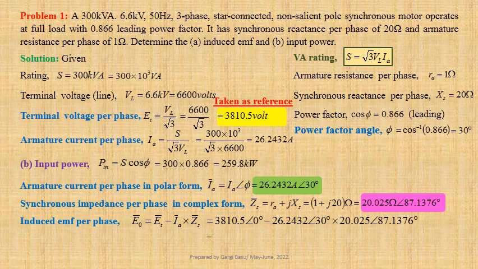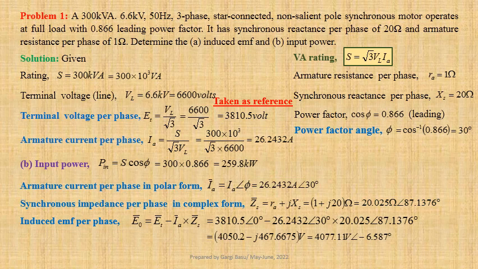That gives us 4050.2 minus j467.6675 volt. This may be written in polar form as 4077.11 volt at an angle minus 6.587 degree.